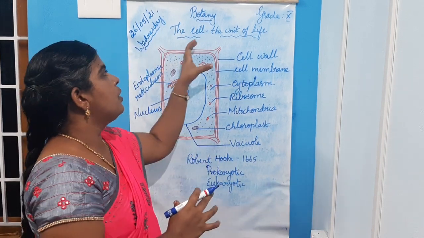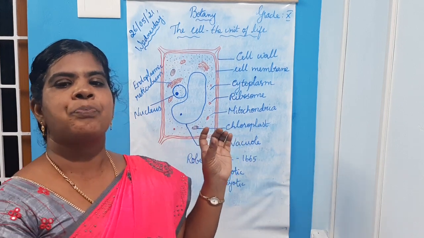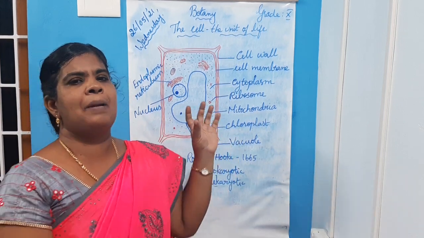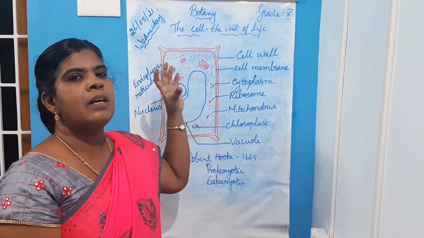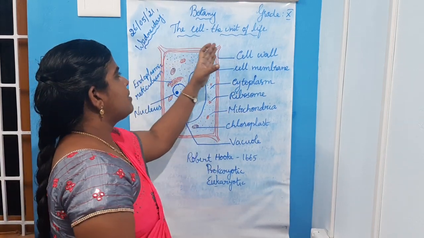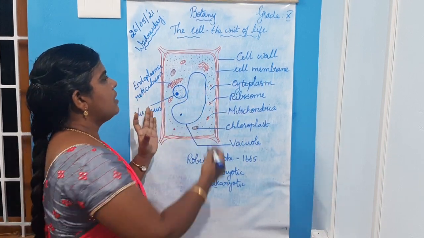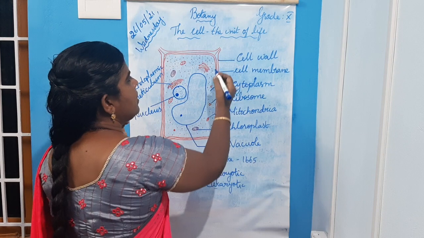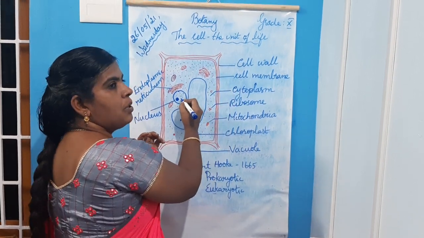Now you are going to learn about the structure of a plant cell. The cell is formed of three main components: the plasma membrane, the cytoplasm and the nucleus.